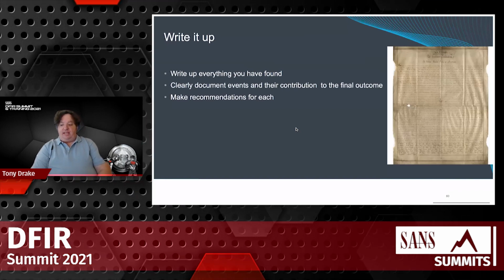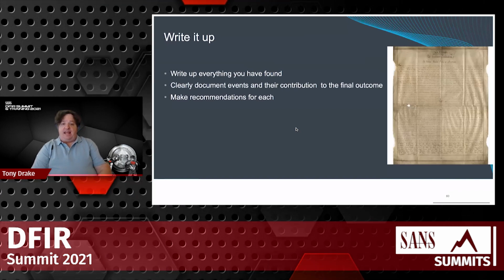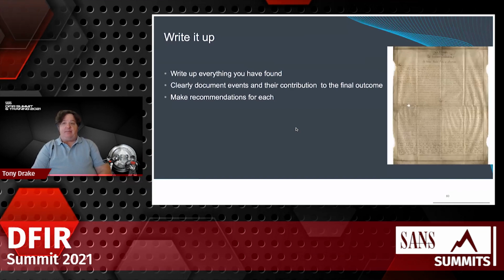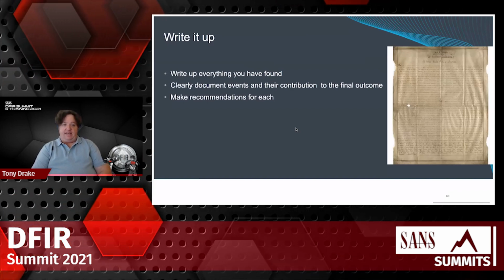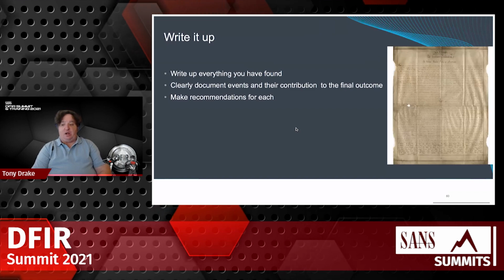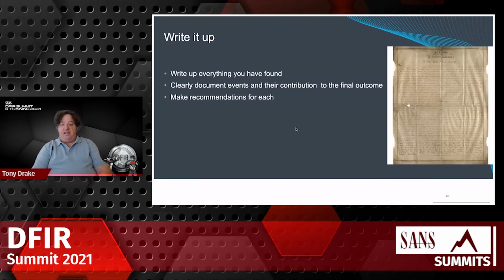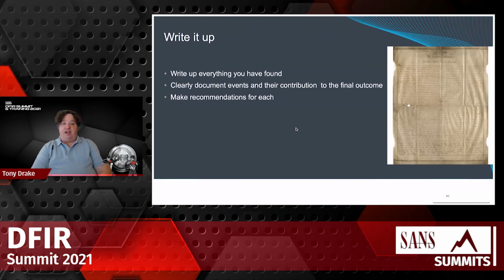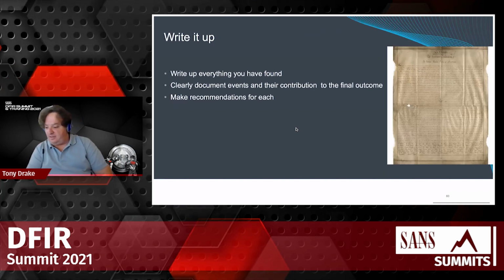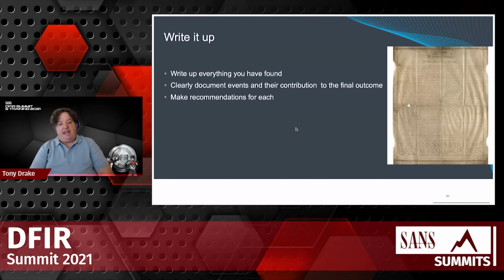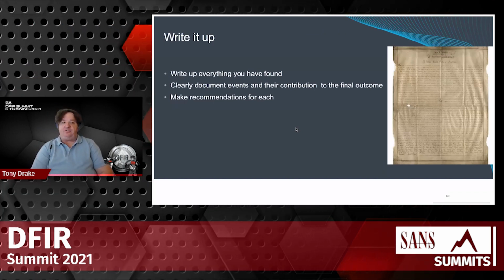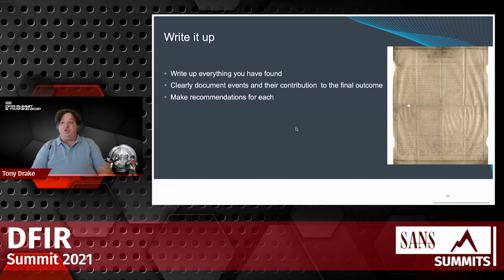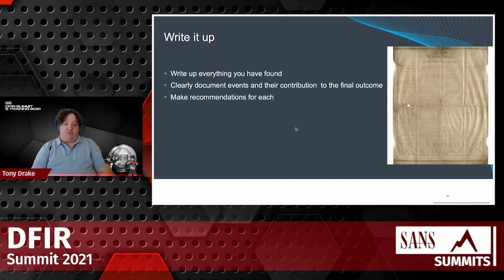When we clearly document what happened in that level of detail, it paints a much different picture, and it gives us a much better idea on how to respond to these problems in the environment and prevent future recurrences. Then we make recommendations for each. We need to improve our social engineering training.